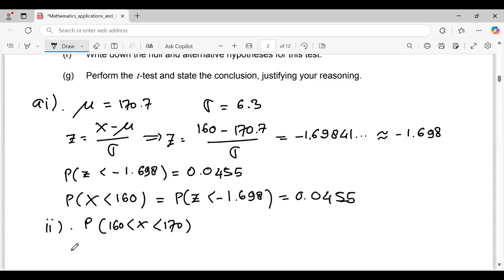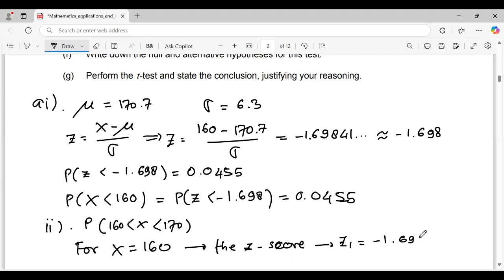So for x equals 160, the z-score, I'm going to use z1. z1 is minus 1.698.